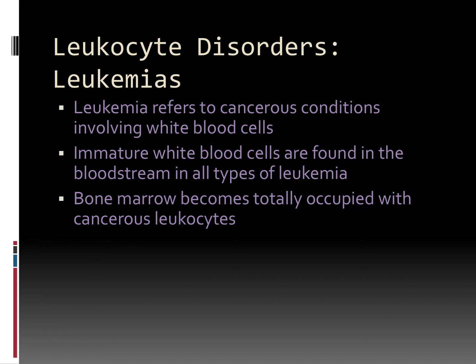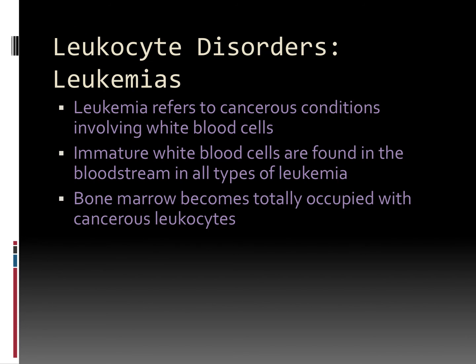Leukemia is any cancer basically involving white blood cells. What happens with leukemia is that immature white blood cells are found in the bloodstream, so they're not fully developing in the bone marrow as they should. The bone marrow becomes occupied with cancerous white blood cells.